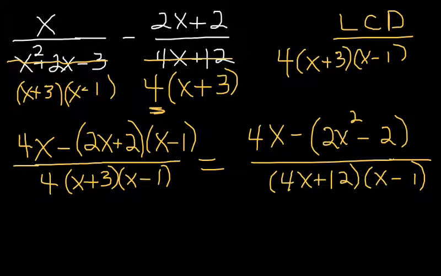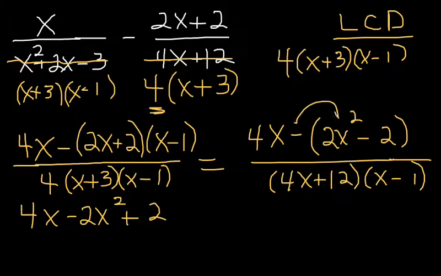Going down to the next line, I'm going to do 4x minus 2x squared plus 2. Notice how I distributed the negative to both this and this. Very important.